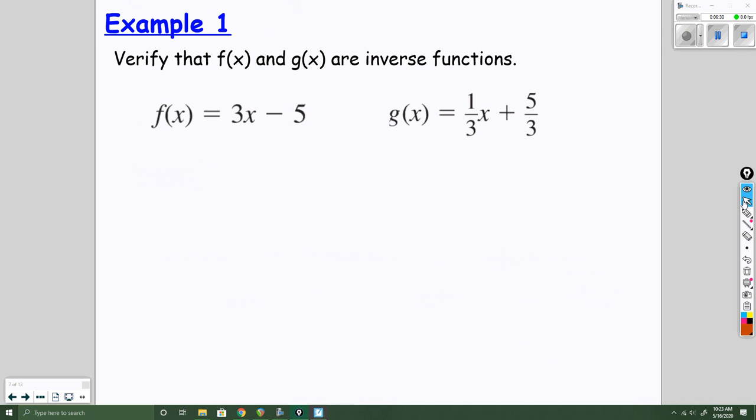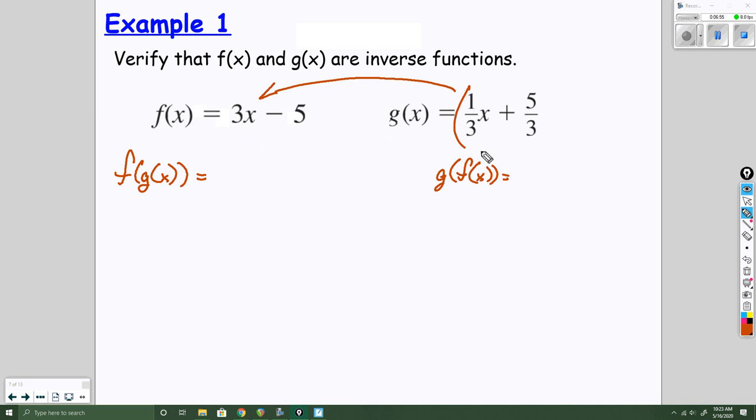We have two functions, and we're trying to figure out, are these things inverses? First, I'm going to write f of g of x, and then over here, I'm going to write g of f of x, and hopefully I gave myself enough space. For f of g of x, we're taking function g and plugging it in to the input value of function f.